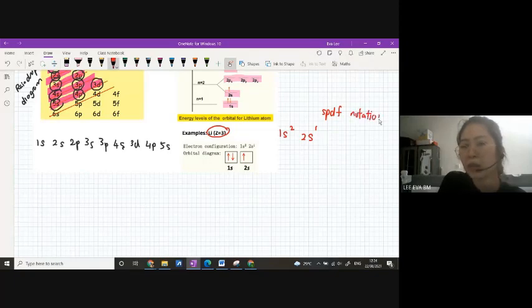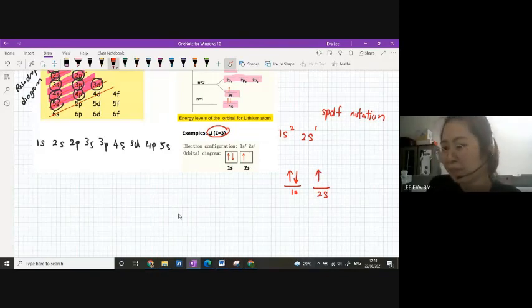And when you look at the orbital diagram, for 1s we write down 1 line, and for 2s we write down 1 line. When 1s2 represents 2 electrons, we have 1 electron, 2 electrons. Then jumping on to the next energy level, we have 2s, which is only 1 electron, so we draw another arrow to represent the 1 electron here.